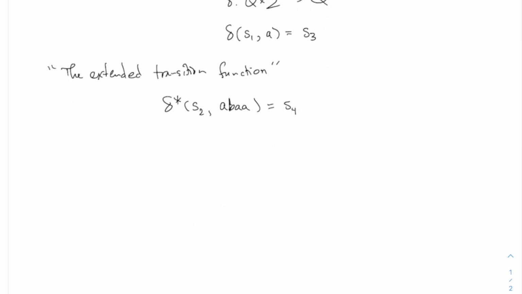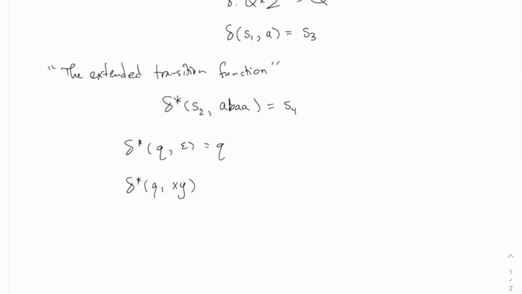And this has properties. For example, delta star of any state and the empty string is just that same state. That means if you start in a state and you do the empty string, you end up in the same state because you didn't do anything. And then there was this other weird property: if I start in some state and I do a string consisting of some string x followed by another string y, the effect is you start here and you do x, and then from there you continue and do y.